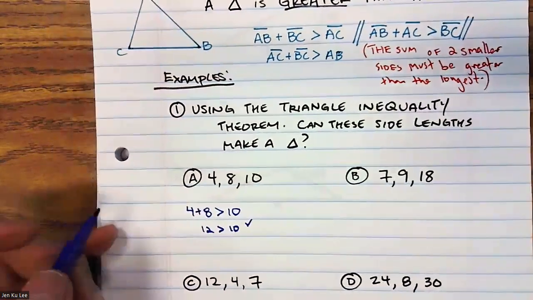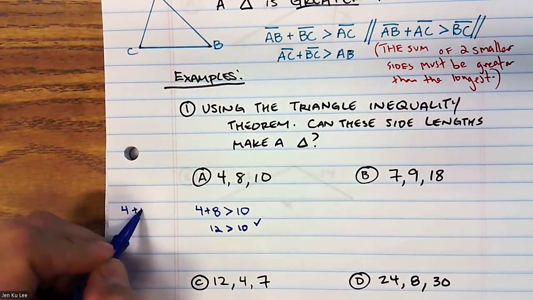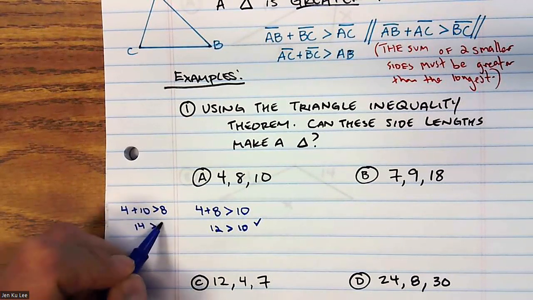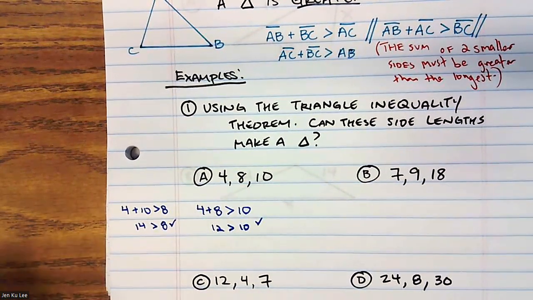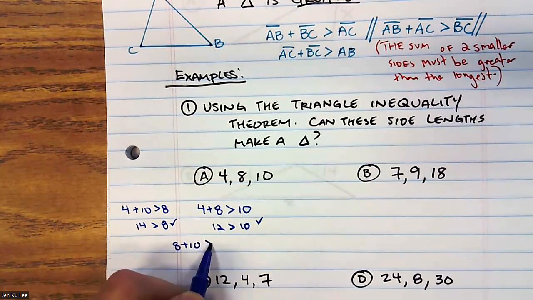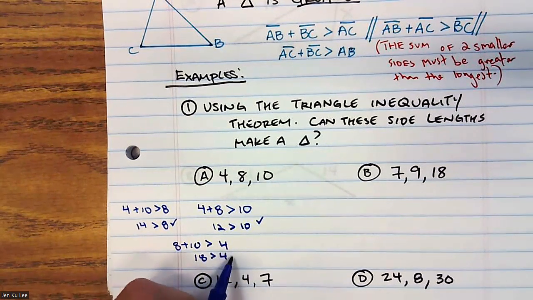Check. 4 plus 10 must be greater than 8, which it is. 14 is greater than 8. Check. And then 8 plus 10 must be greater than 4, which it is. 18 is greater than 4. Check.